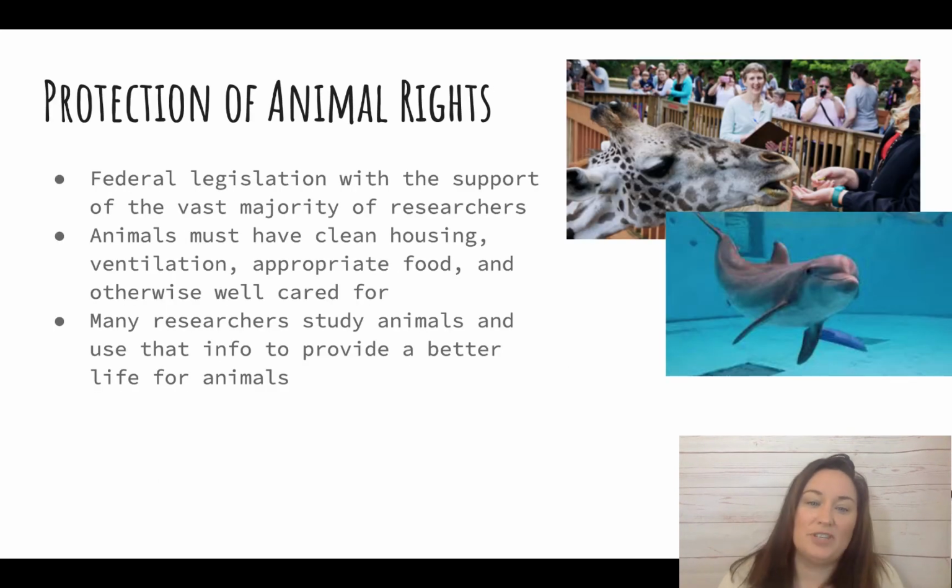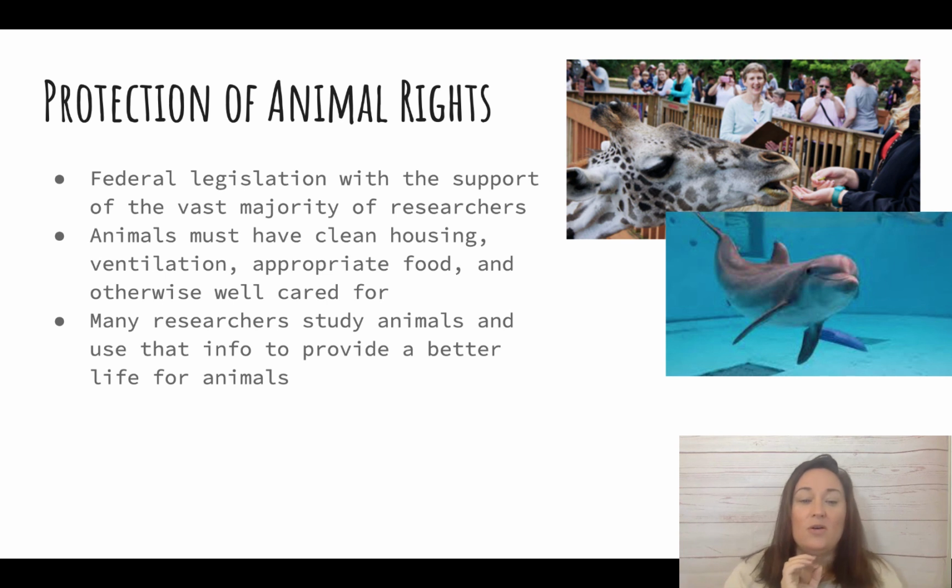Moving on to protection of animal rights. There's federal legislation that the vast majority of psychological researchers support, that protects animals' rights. It says that animals have to have clean housing, good air ventilation, and food, and be generally well cared for, not put in pain as much as possible, or at all, if possible.